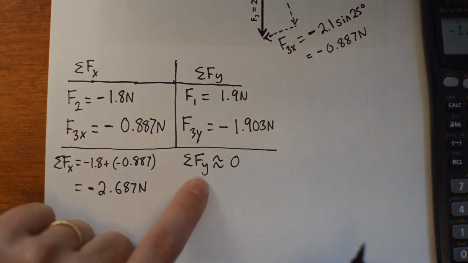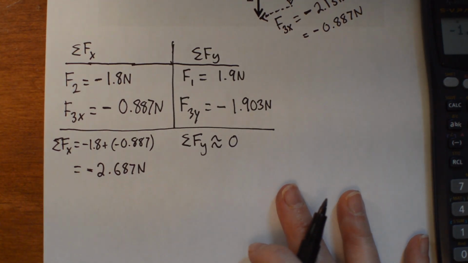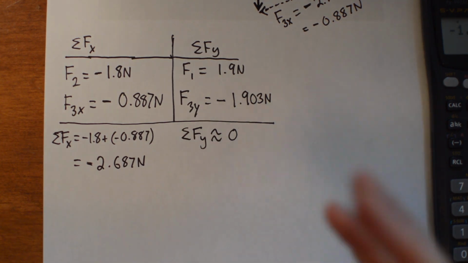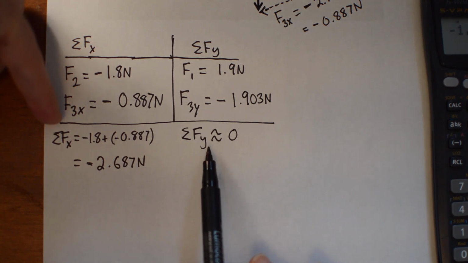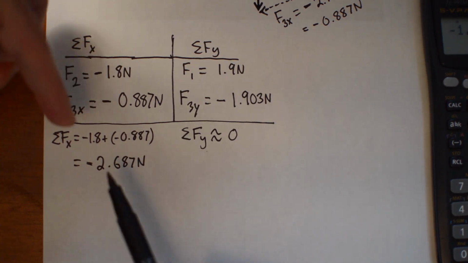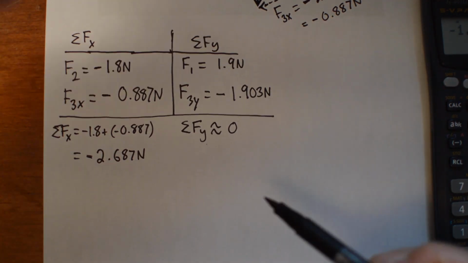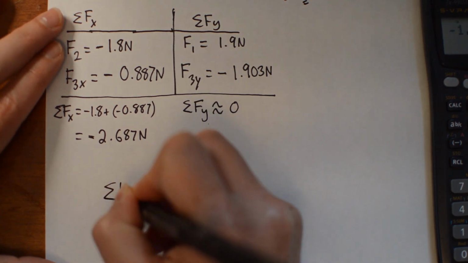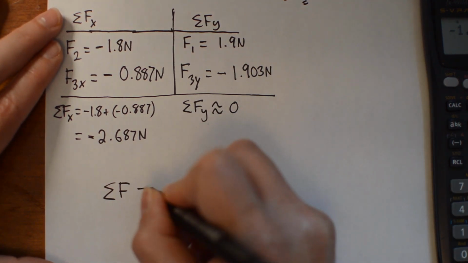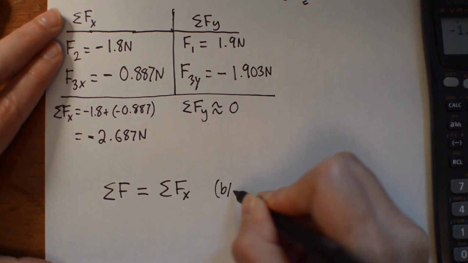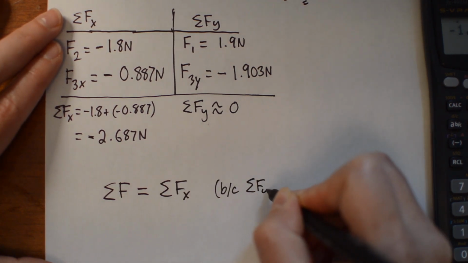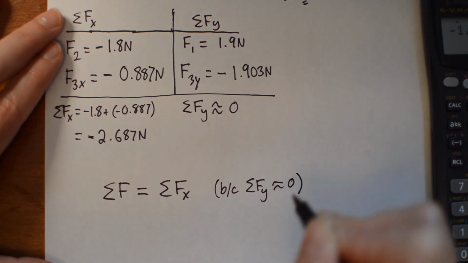In this case, because my net force in the y direction is roughly 0, I don't have to do a triangle and sort of add x and y together, because adding the net force in x plus basically 0 is still just going to give me the net force in x. So in this case, the overall net force just happens to be the net force in x. And that's because the net force in y is roughly equal to 0.